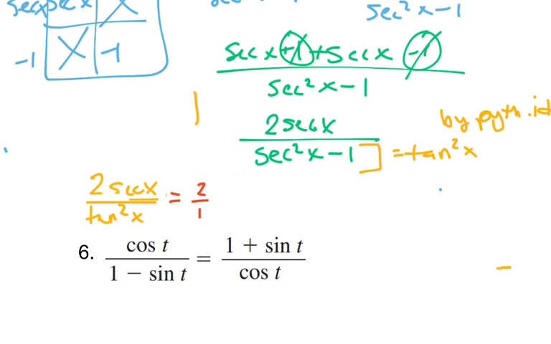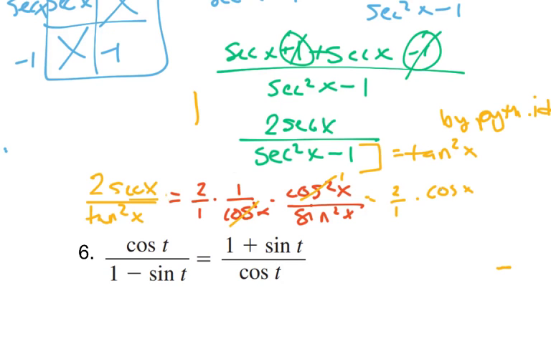So it is 2 over 1 and 1 over cosine. And then because it's over tangent, that actually means we're talking about the flip of tangent to bring it up top. So it's going to be cosine squared of x over sine squared of x. And so I'm going to cancel a cosine, so there's 1. And so if I rewrite that, I get 2, and then there's 1 cosine on top, and 2 sines on bottom.